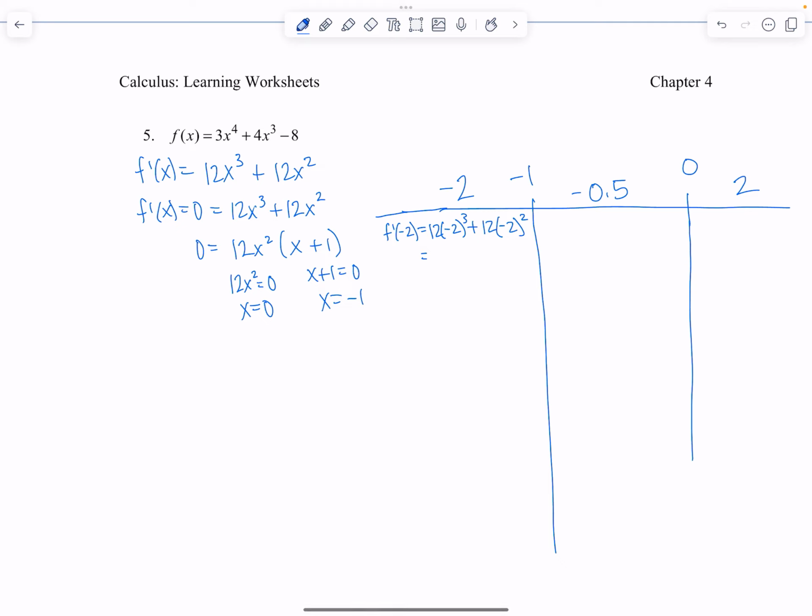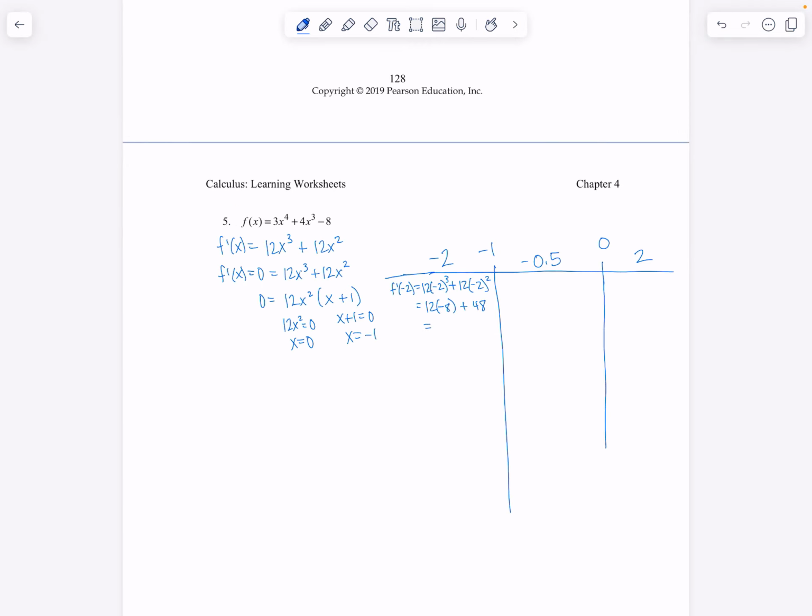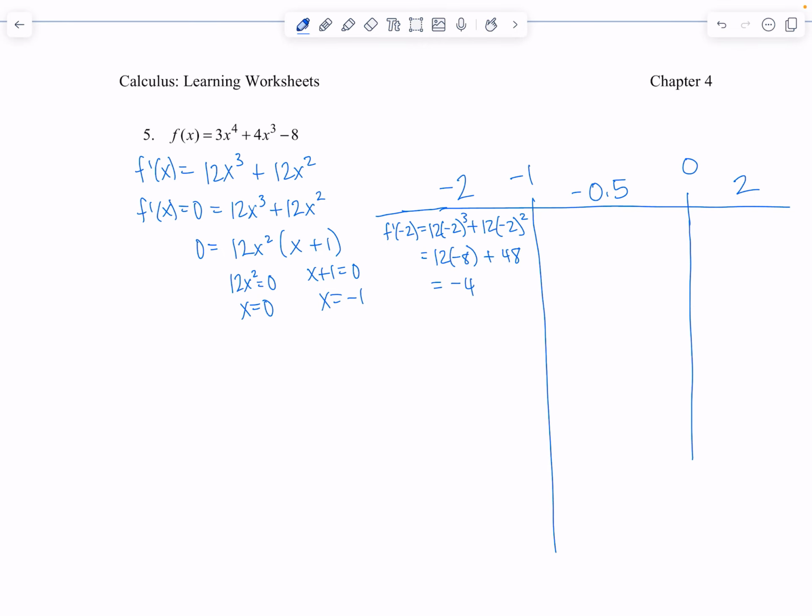So 2 times 2 times 2 is 8, minus 8, no, plus 48. So we've got negative 48, so a negative on this side. Negative 0.5, I'm going to put 1/2 to see if we can fit it.